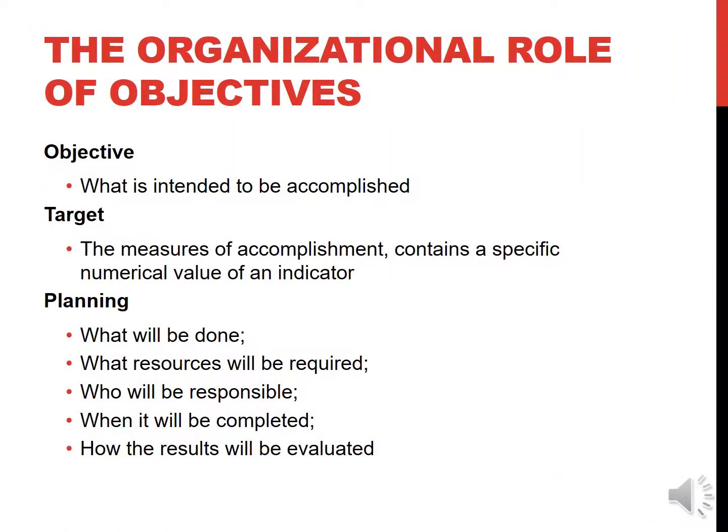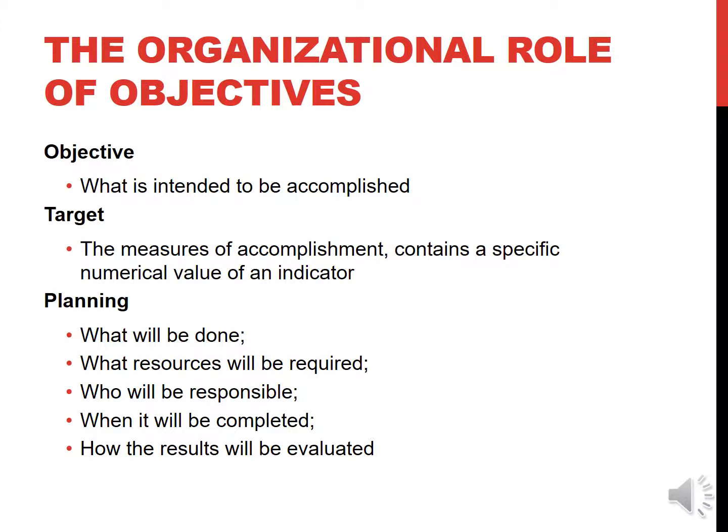So if we look at the three terms, the objective, target, and the planning: the objective is what is intended to be accomplished. It's what needs to be done. The target is the measure of accomplishment, and it contains a specific numerical value of an indicator. And then the planning is the set of activities that accomplish the intention.